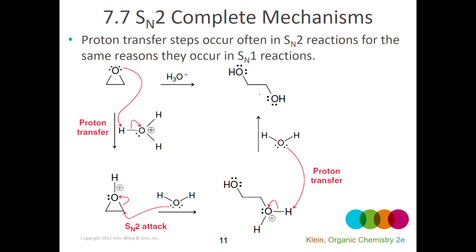So another example, let's see, is this an SN2 or an SN1? Well, it's going to depend on whether or not the nucleophile is attacking in the same step that the leaving group's leaving. But here I've got a three-membered ring. We talked about three-membered rings as being really unstable because of the angle strain. And they are unstable, but when oxygen is one of the three atoms in the ring, it's not nearly as unstable.